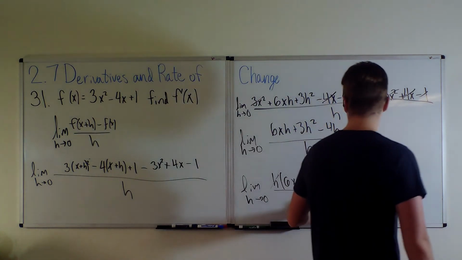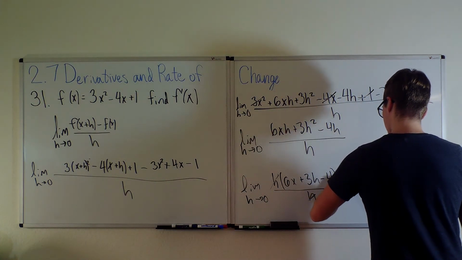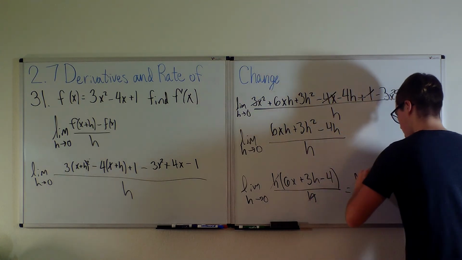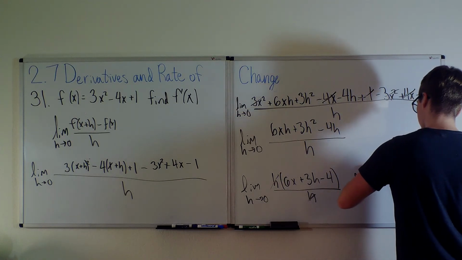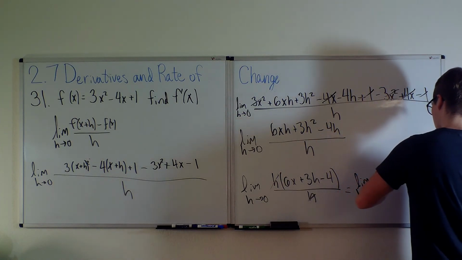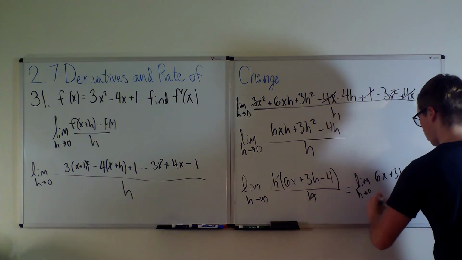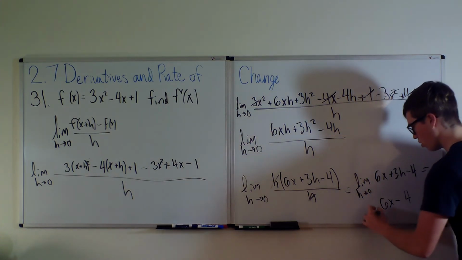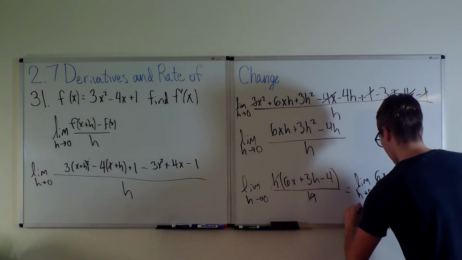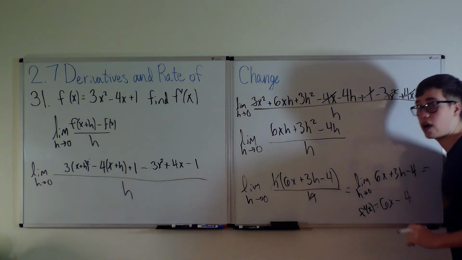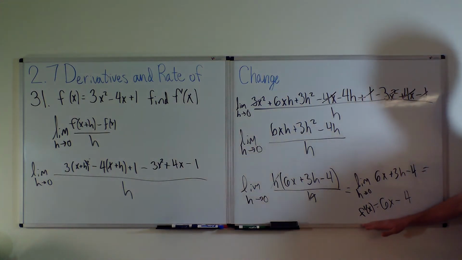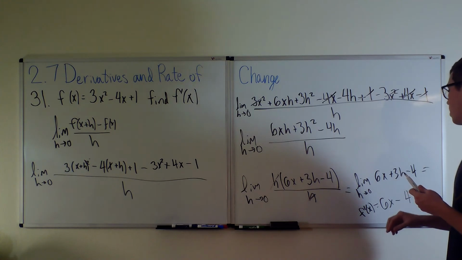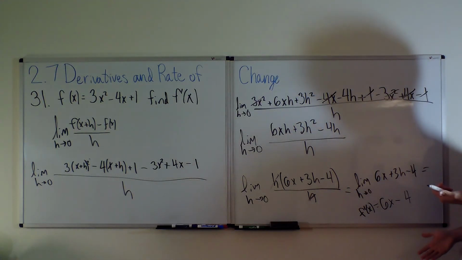Then you just have limit as h approaches 0 of 6x plus 3h minus 4, which is going to be equal to 6x minus 4. So, and that is our derivative. So the derivative of 3x squared minus 4x plus 1 is equal to 6x minus 4.